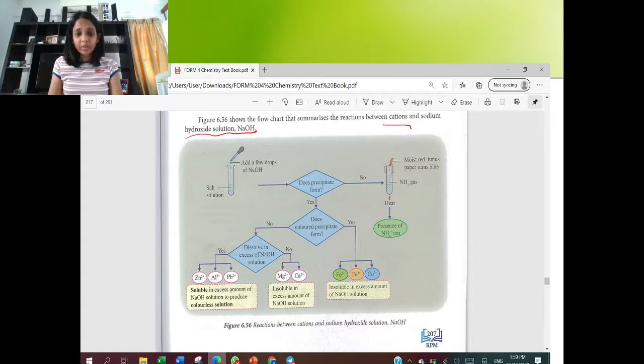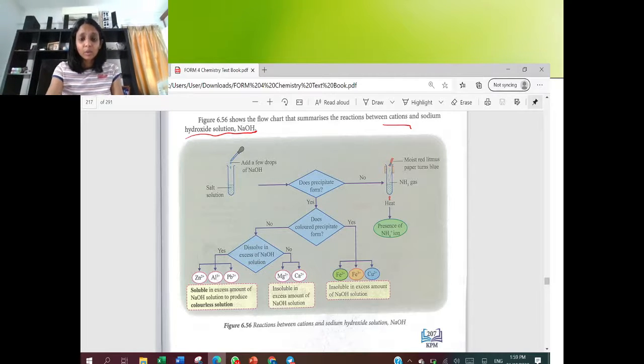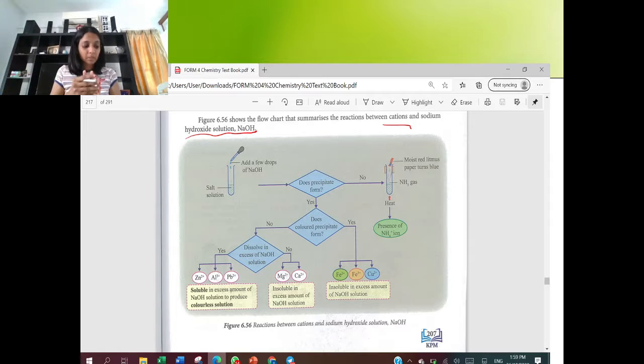When I add sodium hydroxide, you are going to get three possible outcomes. The first is when I form no precipitate, and only one cation will ever give you no precipitate for sodium hydroxide, which is ammonium ions.